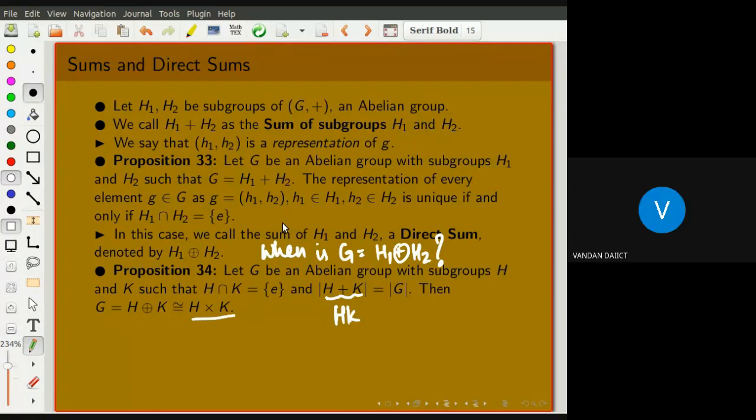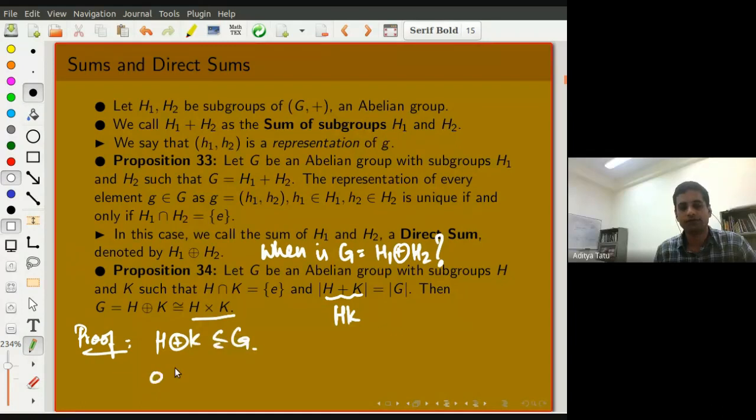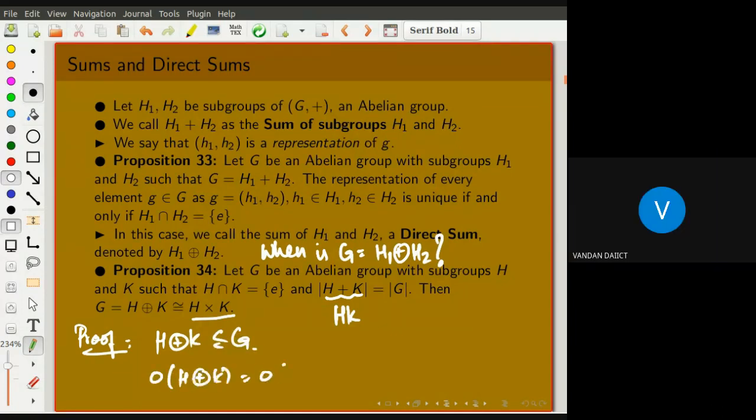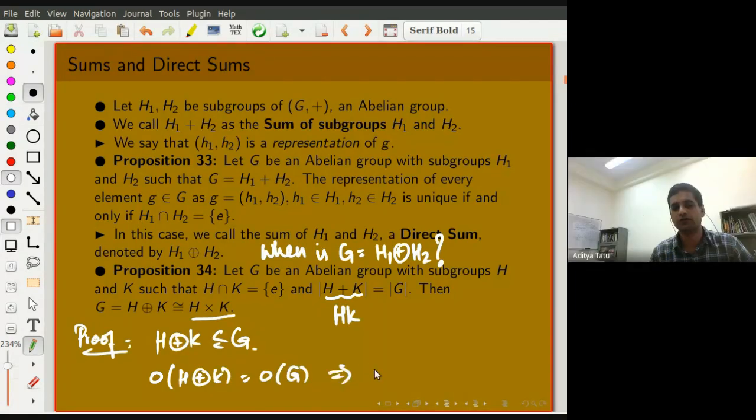It is given that the number of elements in H plus K is equal to the number of elements in G. So both are equal, therefore G is equal to H direct sum K. Right? The only subgroup of a group containing the same number of elements has to be the entire group itself.